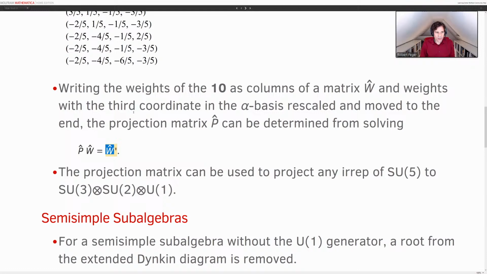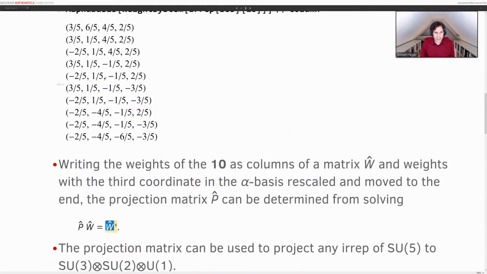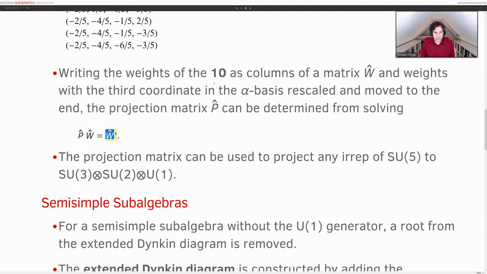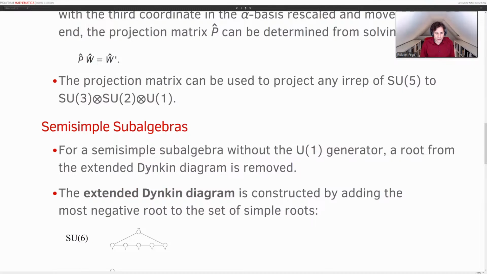You can arrange this with the U1 charge moved to the end, as I did here, and then solve this equation to obtain the projection matrix. You can do that for one representation, and then use that projection matrix for all the other representations in the same branching from SU5 to SU3 cross SU2 cross U1.